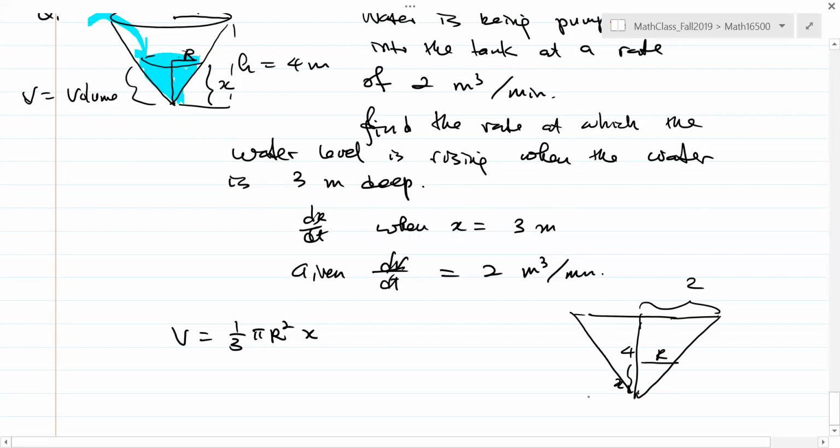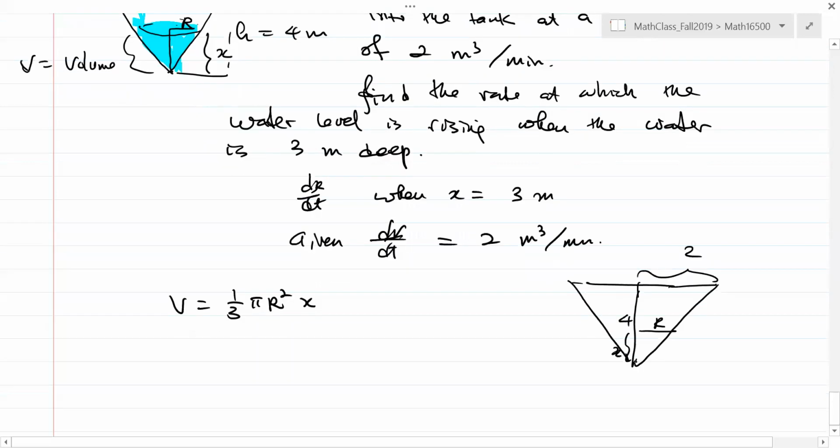By similar triangles, r over 2 is going to be x over 4. That's it. It's not that complicated. So that means the radius is always equal to half of the height.